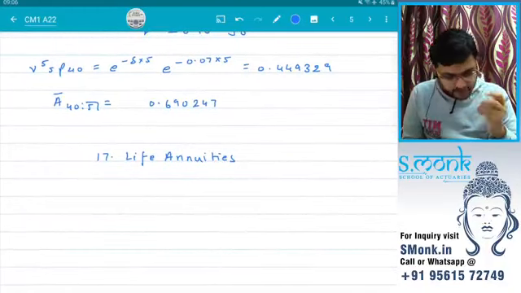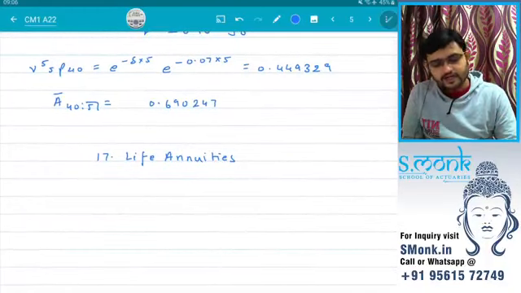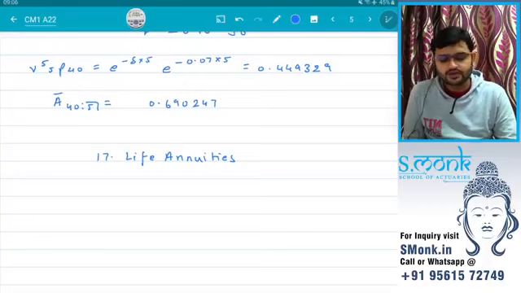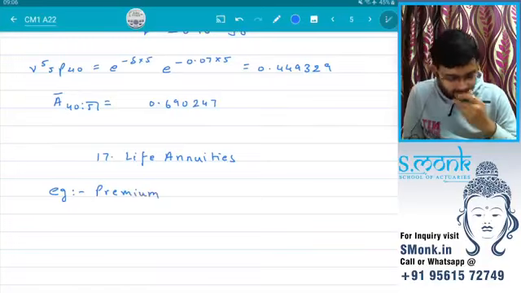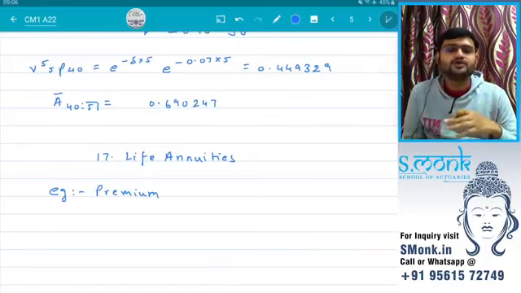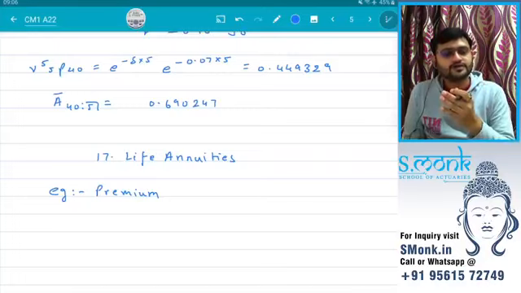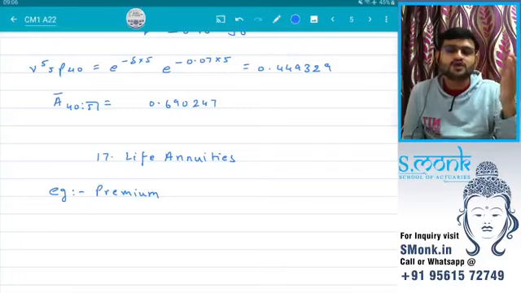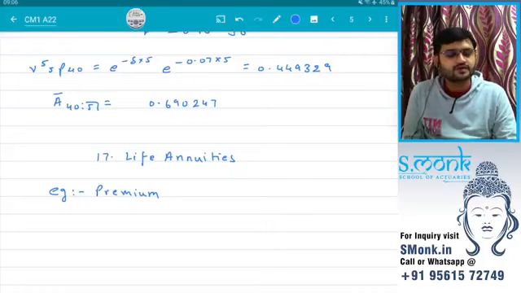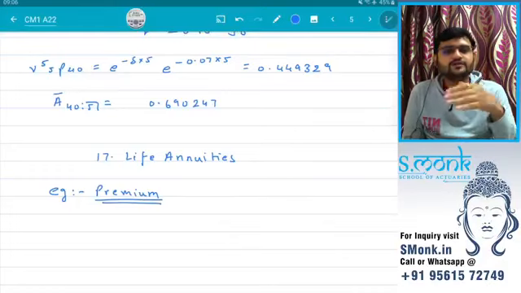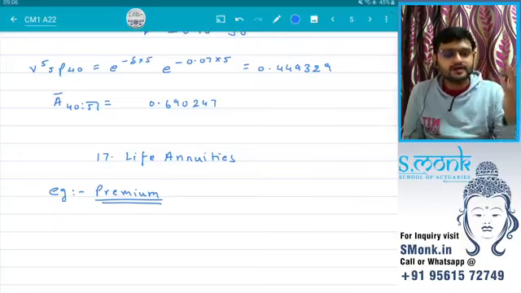These life annuities are used in two different ways. Simple examples would be premium. Premium is paid by a policyholder from the point the person takes that policy, for a certain number of years or till death, whichever comes earlier, right? So premium is paid in terms of annuity. Multiple values will be paid till death.